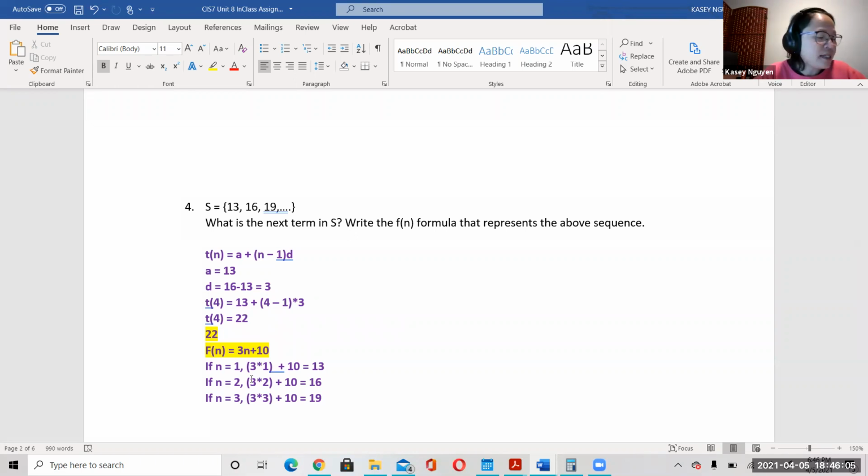You will likely see a few questions like this on your final exam and your next quiz. It would ask you to determine the value for, let's say, the 20th term, or what is the function for the sequence, and then you have to pick the right option.